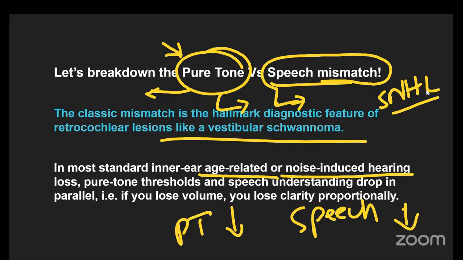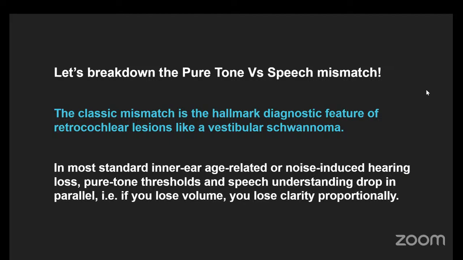Because if this is not clear, you will have a harder time in understanding the mismatch. Let's go through it again. If the patient is not able to hear the sound understandably, the speech understanding is going to go down as well, right? If you cannot hear anything, you would not understand what the person is saying. This is what happens in the age related hearing loss. So, this is proportional. For sensory neural hearing loss, they would be able to hear the sound, right?